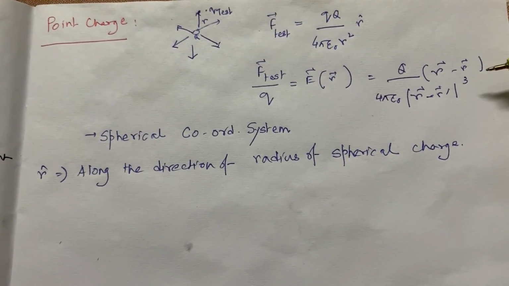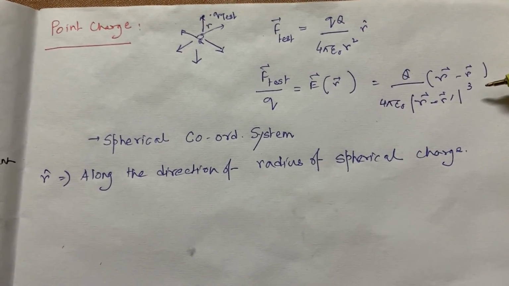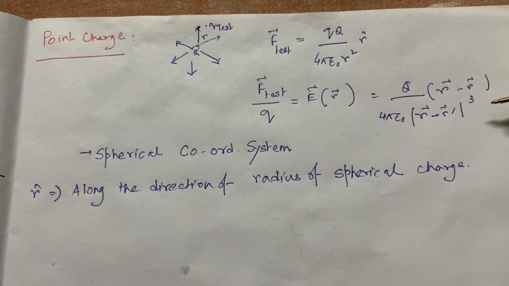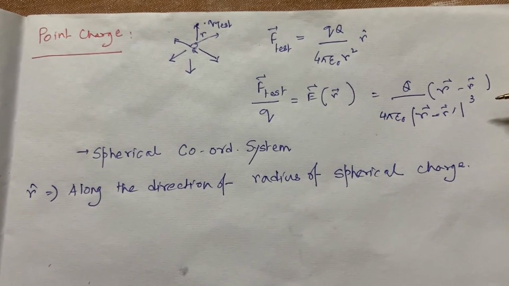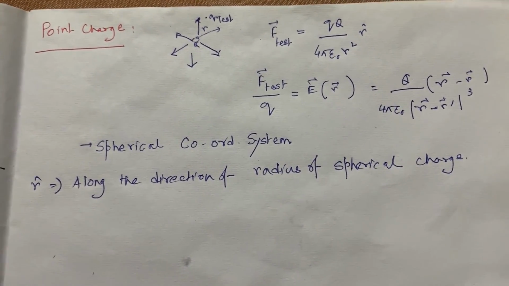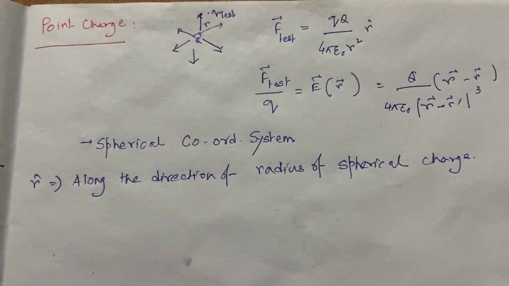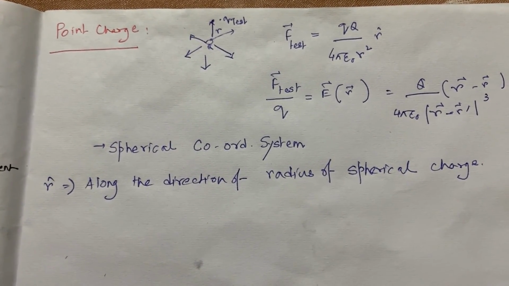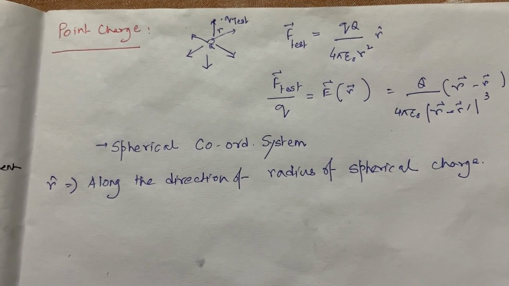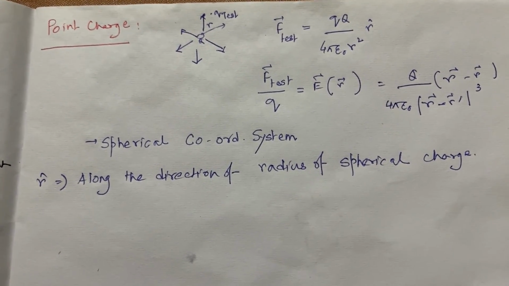Now what is this direction R? Is it the same R as we have taken into account in our cylindrical coordinate system? The answer is no. When the charge is in the form of a sphere, that is, we have a spherical charge distribution, we need to consider the spherical coordinate system.